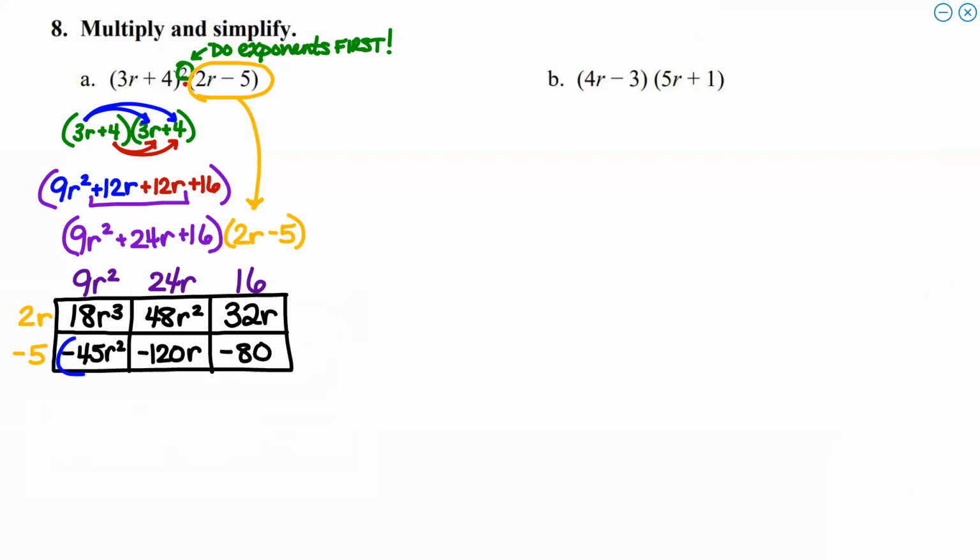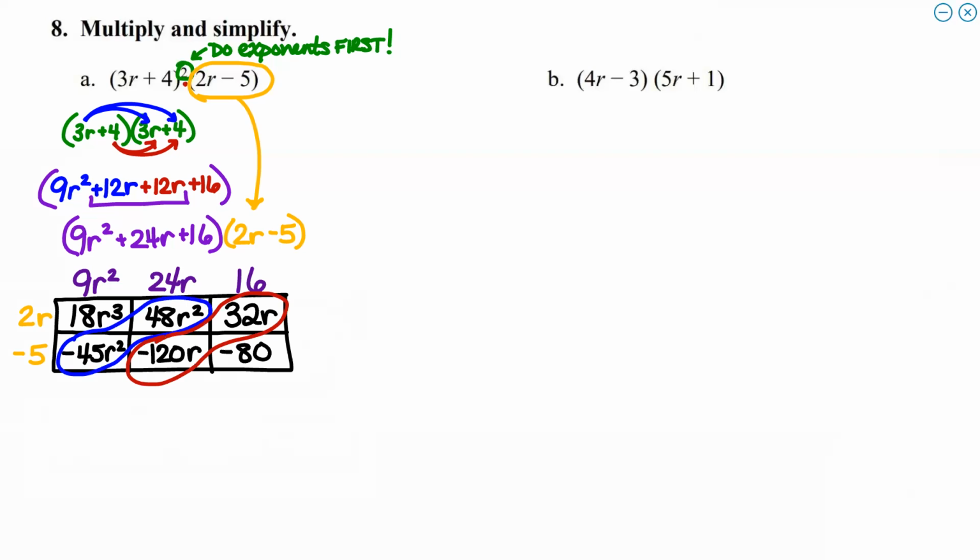My r squareds, they're right here along this diagonal. Are there any other like terms that I'm going to need to combine? My r's, which are also arranged on this diagonal. So I can look at those diagonal pieces. They're not one on top of the other, which would be super helpful, but they're very close and touching on the corners so that I can see that.